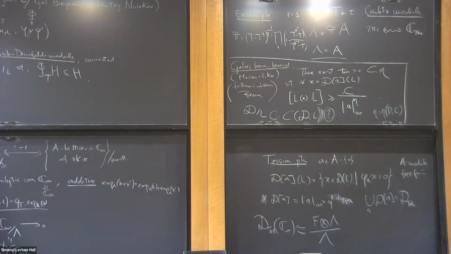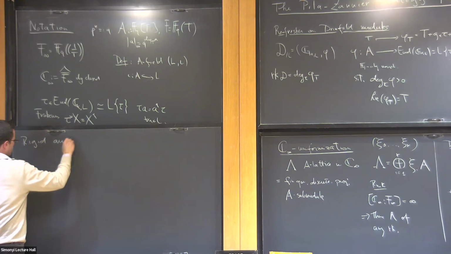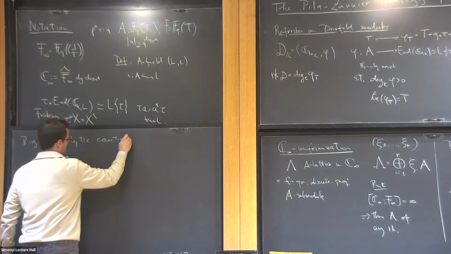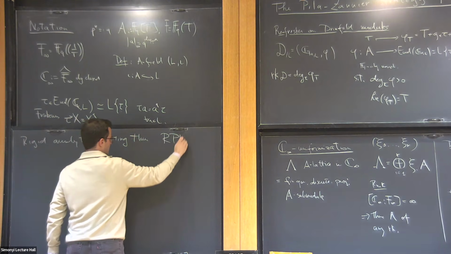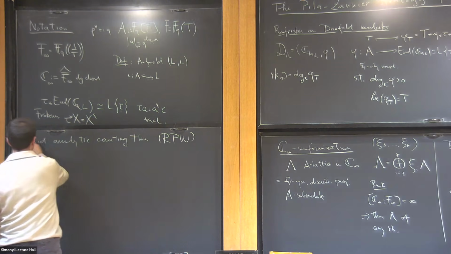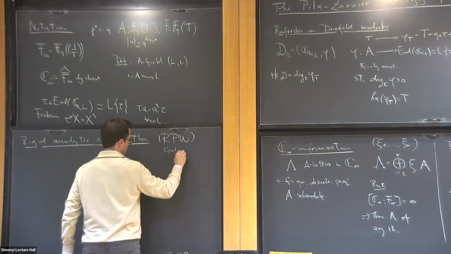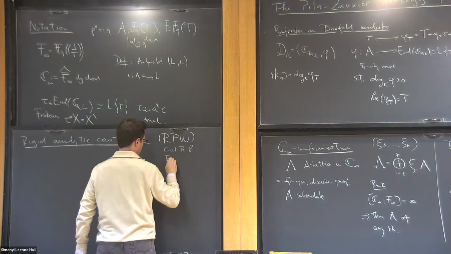Okay, so this was the lower bound. Now we describe how to get the upper bound. And for this, we need a rigid analytic Pila-Zannier counting theorem, by the work of Gal and Miaro Kato.